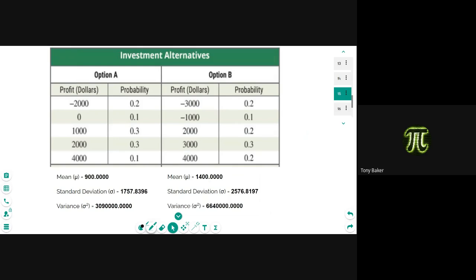So if I did this long enough, I would expect to make a profit of $1,400. But my standard deviation is 2,576, so my standard deviation is much higher. So there's more risk, more variance in that situation.